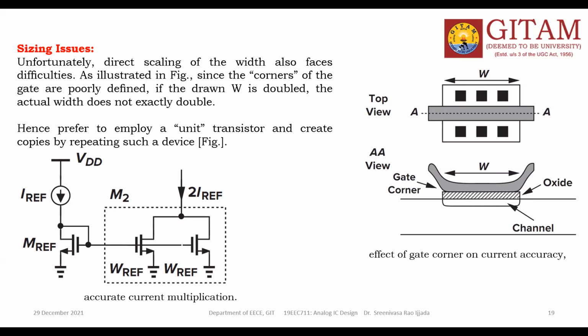So we have that sizing issue whenever we need double of the reference current or half of the reference current. The same current, less or more, is acceptable. But whenever you amplify or reduce the current, it mainly depends on the W value. So whenever we change the W value, we will get this problem.